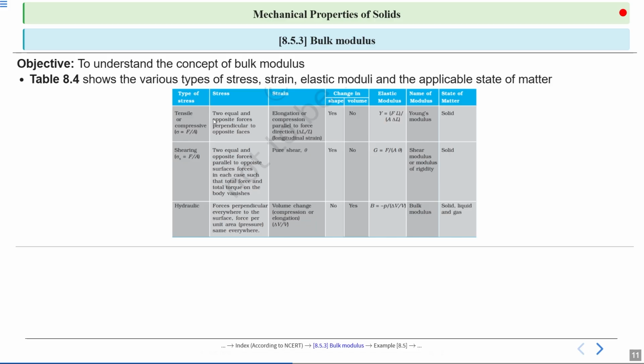Change in shape, yes, and change in volume, no. The elastic modulus formula is this one, and the state of matter is solid. Similarly for shearing and hydraulic. The table explains the stresses. This will help us understand why bulk modulus is unique, since it applies to all three states: solids, liquids, and gases.